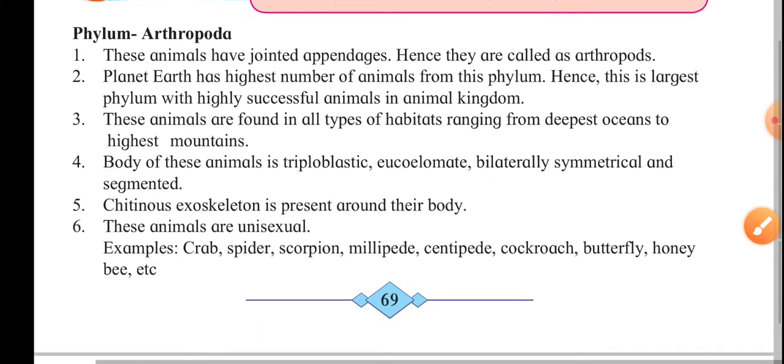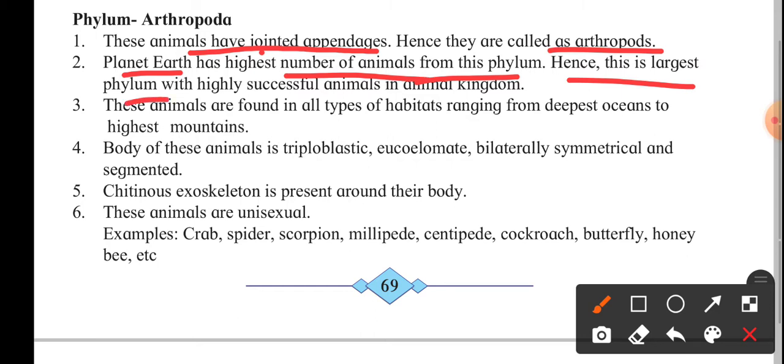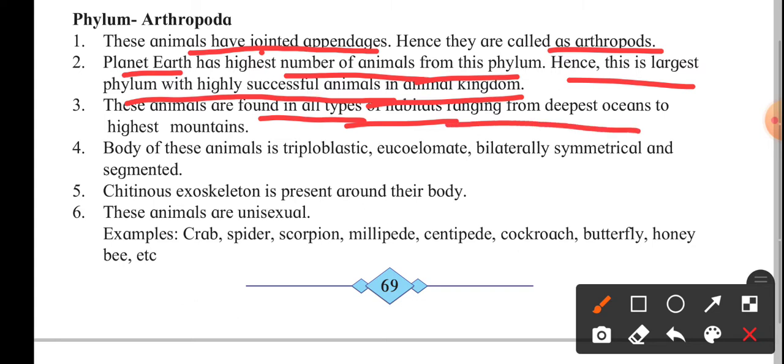Further, that is the phylum Arthropoda. Animals have jointed appendages. Appendages means the limbs. They have hands and legs for locomotion, hence they are called arthropods. Planet Earth has the highest number of animals from this phylum. Hence, this is the largest phylum with highly successful animals in the animal kingdom. These animals are found in all types of habitats, ranging from the deepest ocean to the highest mountains.